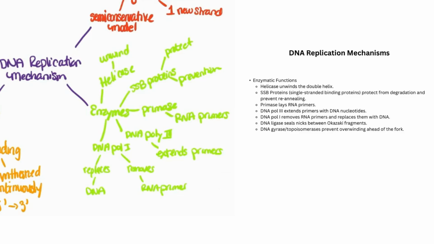Two more enzymes. We have ligase, and ligase seals the nicks. And then we have DNA gyrase or topoisomerase, and it prevents overwinding.